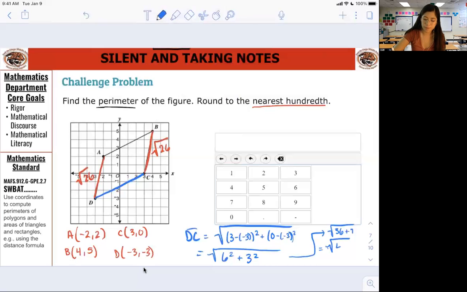Square root of 45. Questions on that? Now remember, how did I get BC? I got BC because BC is the same as AD. So if one of them is the square root of 45, the other one is also the square root of 45. Okay, any questions on that?